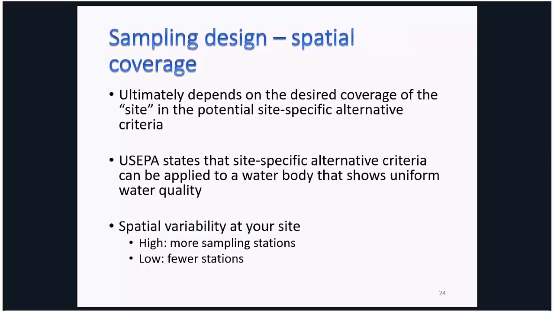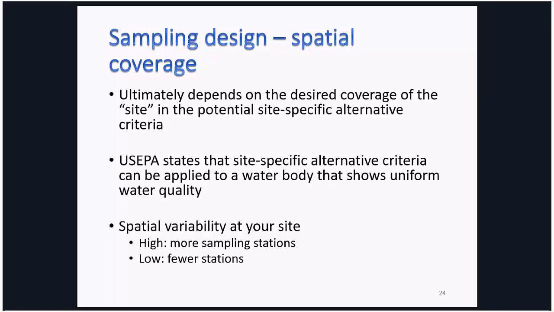So now the third area of consideration, sampling design. How many stations do you want at your site? Ultimately, this depends on how widely you want your site-specific alternative criteria to apply, how wide of an area you want this to apply to. US EPA basically says that the site-specific criteria can be applied to a water body that shows uniform water quality.